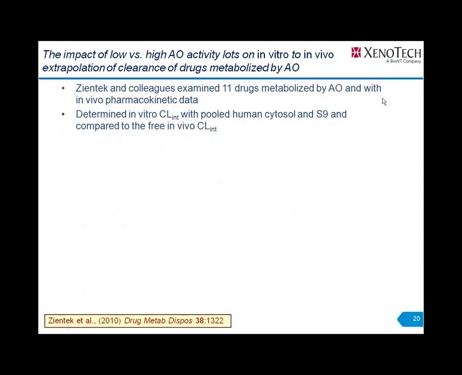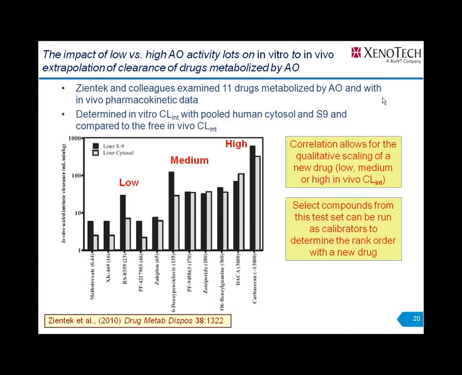So they examined 11 drugs that are primarily metabolized by aldehyde oxidase and that had corresponding in vivo PK data. And they determined the in vitro intrinsic clearance values with pooled human liver cytosol, or S9, and compared that back to the free in vivo intrinsic clearance that was observed with the in vivo data. And they have a penultimate figure that summarizes all of that in their paper.